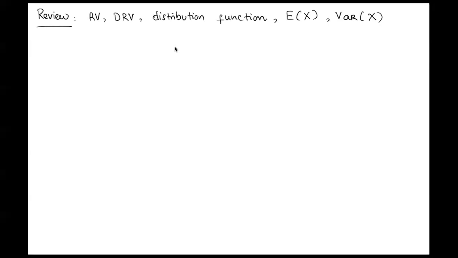So we first want to talk about what a random variable is. A random variable is actually just a function, and it maps from the sample space to some real number. For example, think about the experiment where you toss a coin.